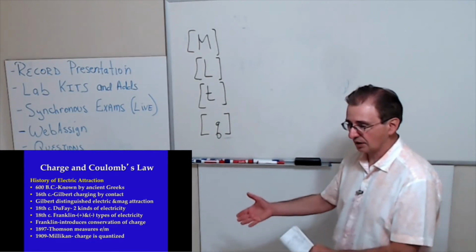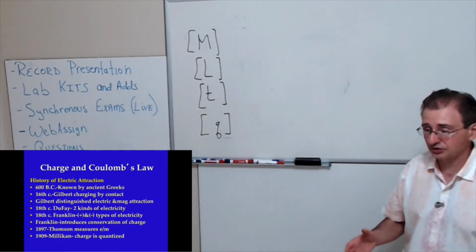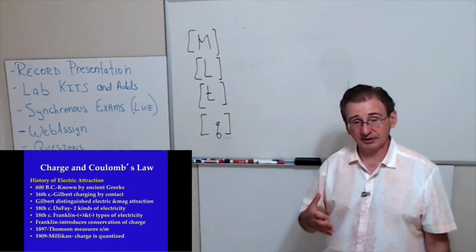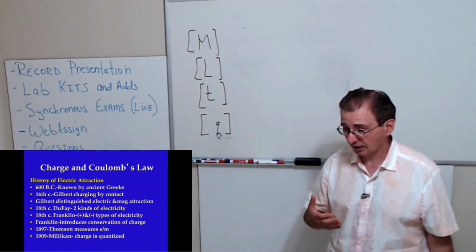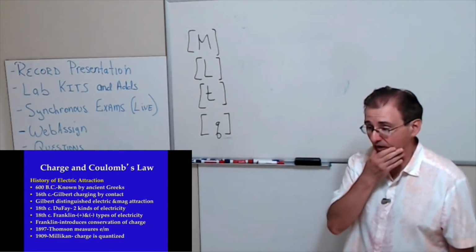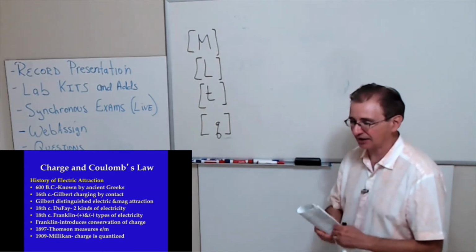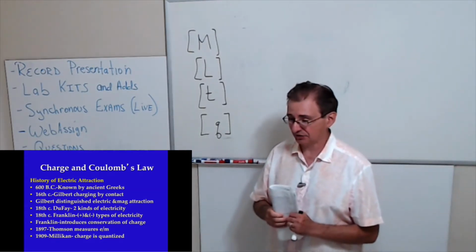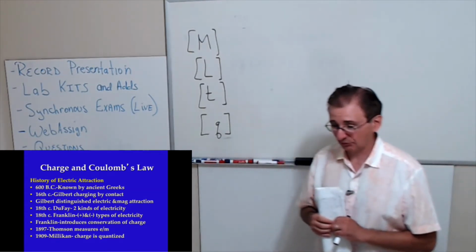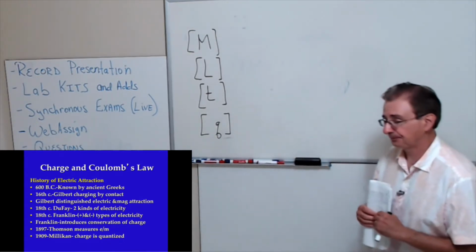And it wasn't really until around the 18th century when the idea of positive and negative charge was developed. And really the idea came from Benjamin Franklin. He did a lot of experiments in electrostatics, and he came up with the idea of positive and negative charge. And he introduced the concept of conservation of charge.